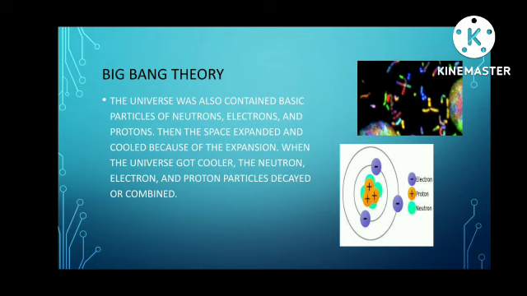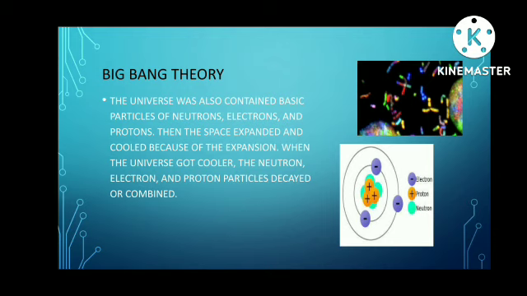And in the first 3 minutes of the Big Bang, the elementary particles of matter, like antimatter and dark matter, create the first protons, neutrons, and electrons. But because of the very high or intense temperature, it cannot create the first atom.